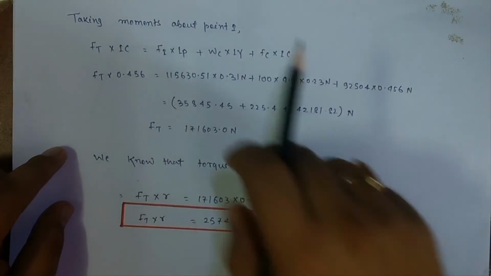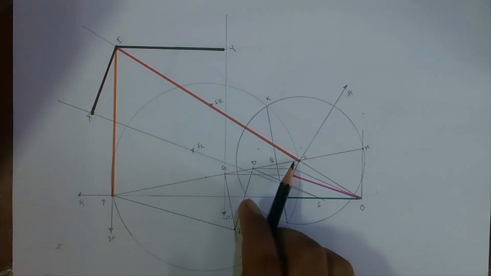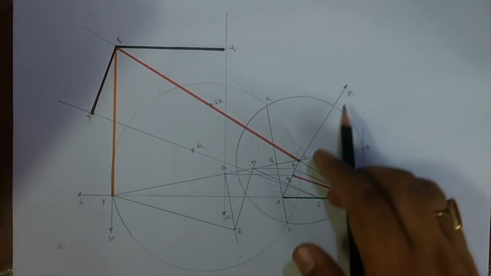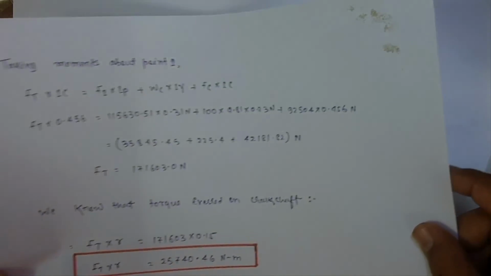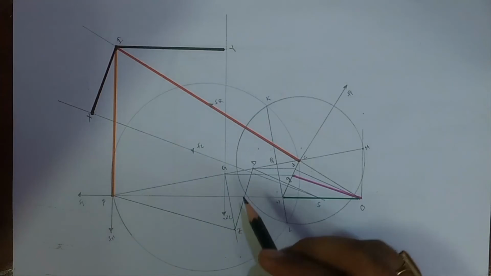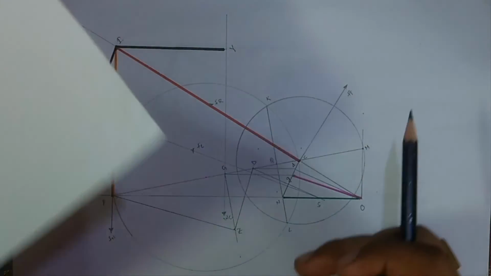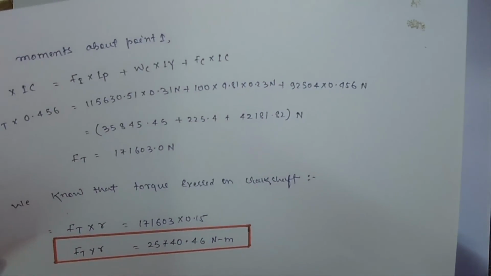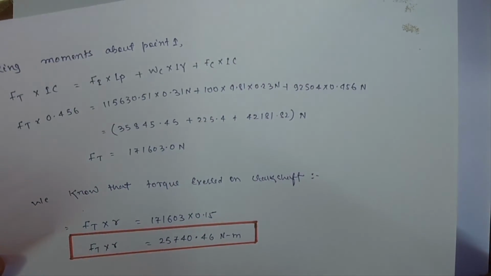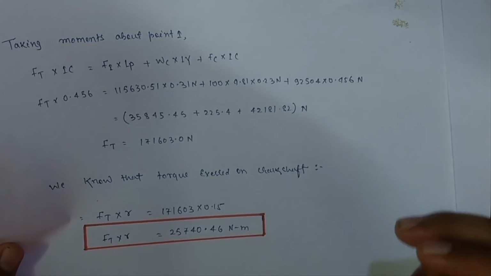So Ft into IC. This is our Ft and this is our length IC. So Ft into IC is equivalent to Fi into IP. This is our Fi into this length IP, as torque is nothing but force into perpendicular distance. So we are mainly focusing on the force acting on that point.